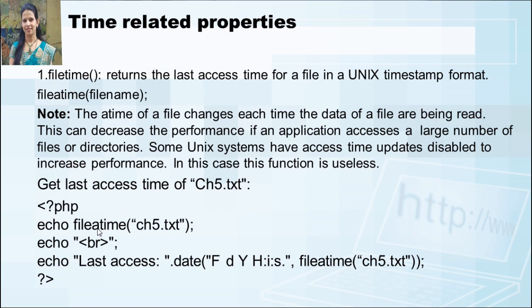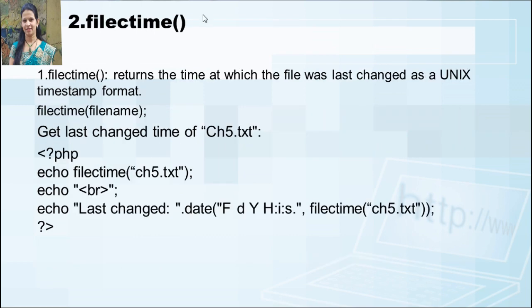So this is your file, here is the fileatime function, and this is your parameter. Then here you can print the last access time of your file in this Unix timestamp format. This will return the month, then the date, year, then hours, minutes, seconds. In this format you can return the file's last access time.